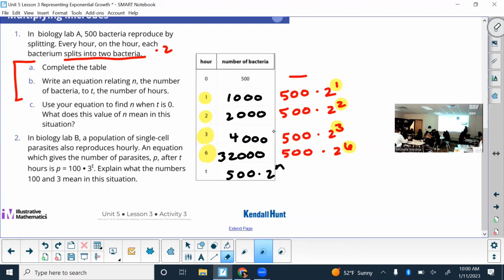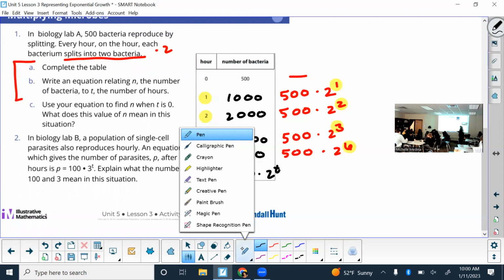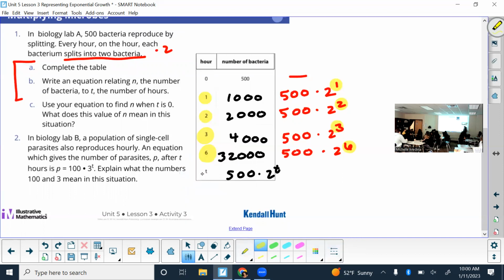Because I think in this one, they want n to be the number of bacteria and t to be time in hours. But doesn't that make sense? For each one, the input is going on the exponent, right? That's the pattern. The starting amount stays the same. How it's increasing is staying the same, like it's doubling each time. But the exponent changes. So questions on that?